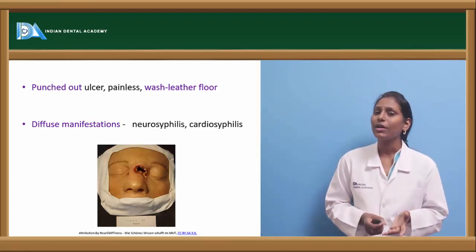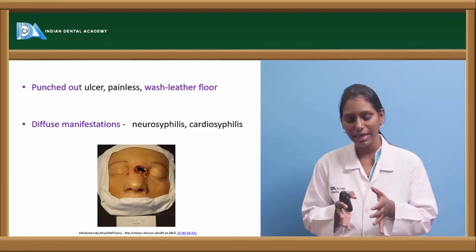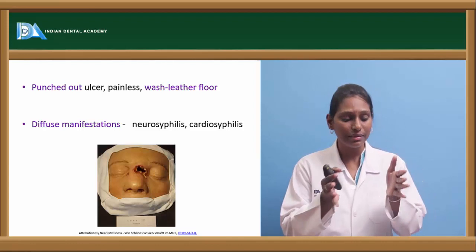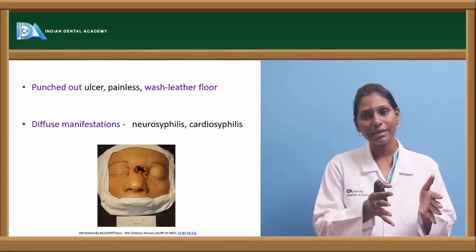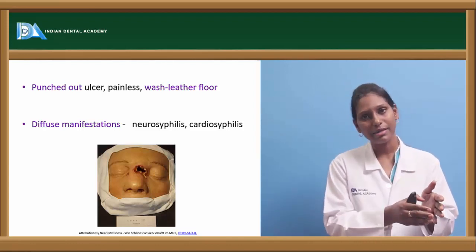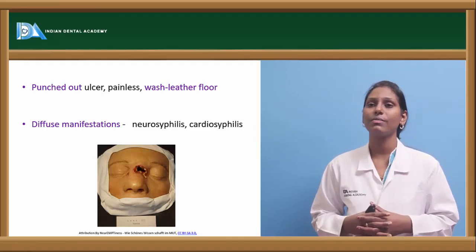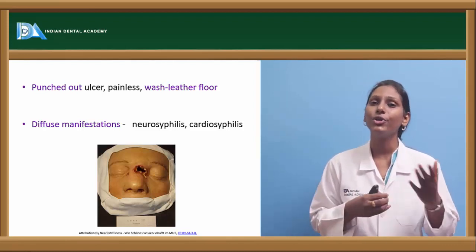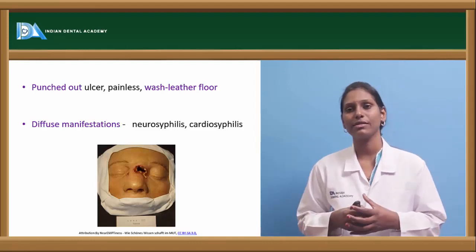Now, when we're talking about tertiary syphilis, it has localized manifestations and generalized manifestations. The localized manifestations are your gumma and gummatous ulcer, and the generalized or diffuse manifestations are neurosyphilis or cardiosyphilis.